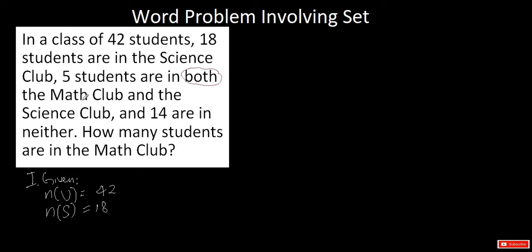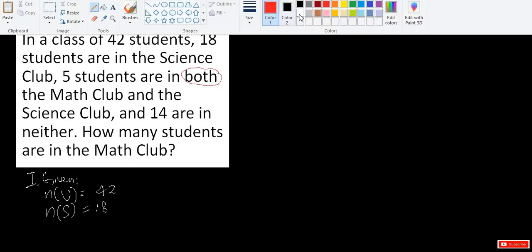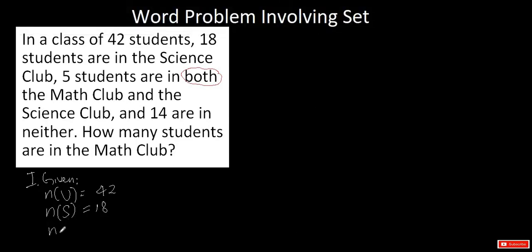And we have the set of students who are in the math club, so we let this set be set M. Therefore, both math and science club is set M intersection set S, or S intersection M. So we have the given n of S intersection M, science intersection math club, is equal to 5.